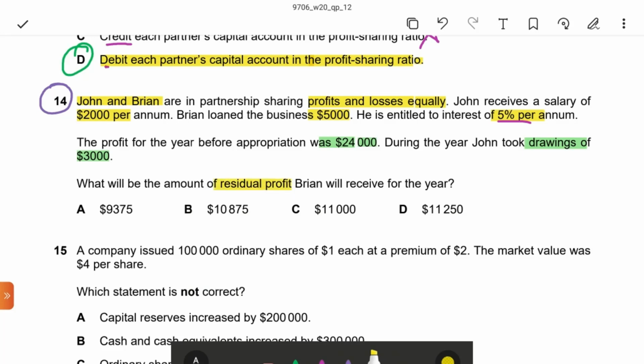Residual profit means the divisible profit Brian will receive for the year.